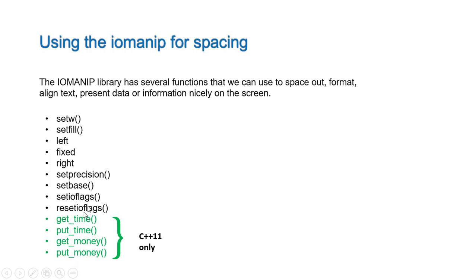However, the ones highlighted in green are only available from C++11. I mean the get_time, put_time, get_money, and put_money functions. If you are using C++11 or later, you will be able to implement these functions in your application.